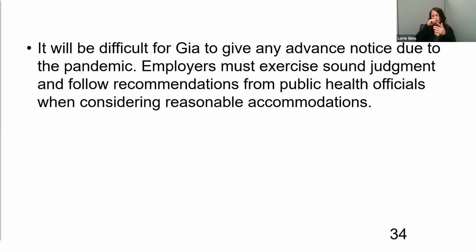That sound judgment would include giving Gia additional time to get the documentation, but also recognizing that the pandemic is evolving and changing every day, every hour, and it is not practical for an employee to provide as much advance notice as they normally would if we were not in a pandemic. Next slide, please.